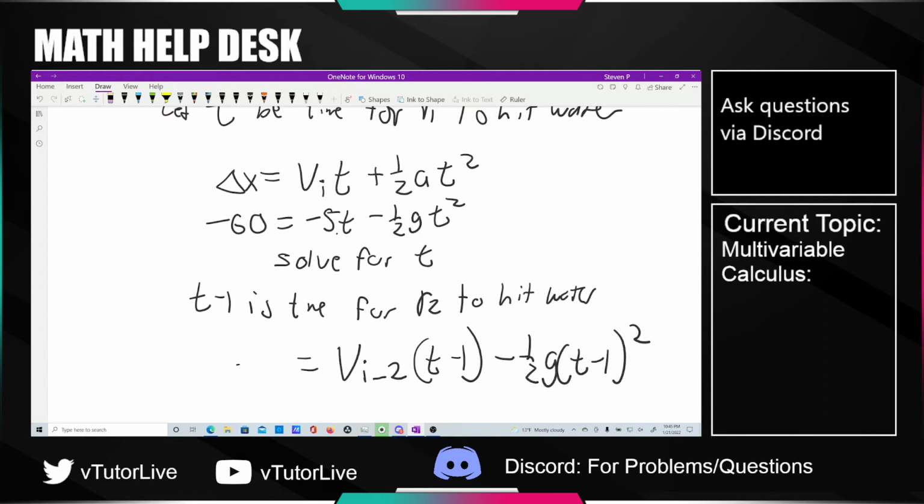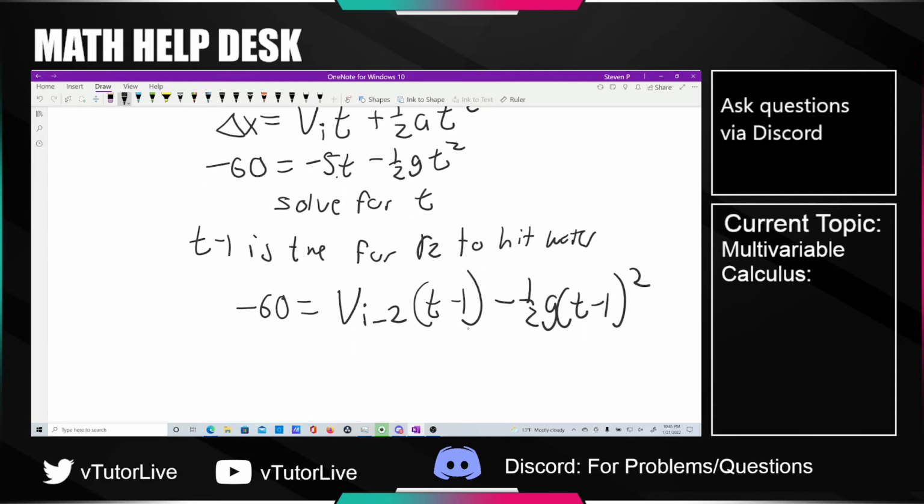And again, we know delta x is just minus 60. And at this point, it's not even a quadratic equation. You can just solve for vi2. Sound good?